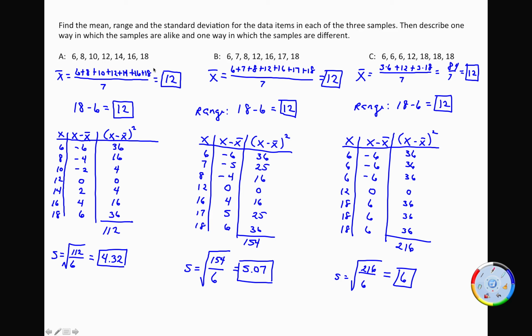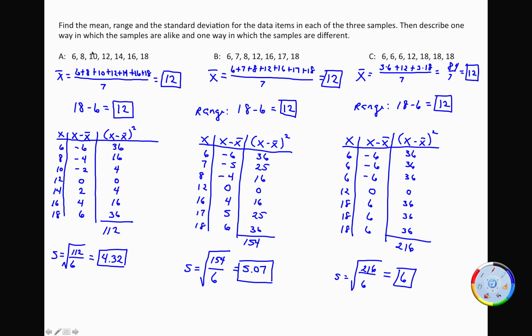Or, notice how the one with the smallest standard deviation, they are kind of spread out more evenly from the mean of 12, right? This one's a little bit larger, so here's my 12 still in the middle, and this one is 4 points away, 4 points away, and then 5 away and 5 away. So they're spread out a little more.